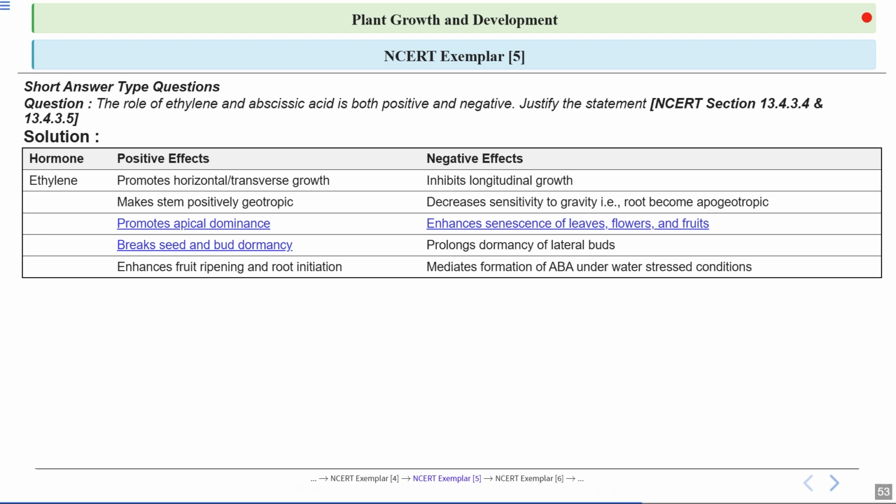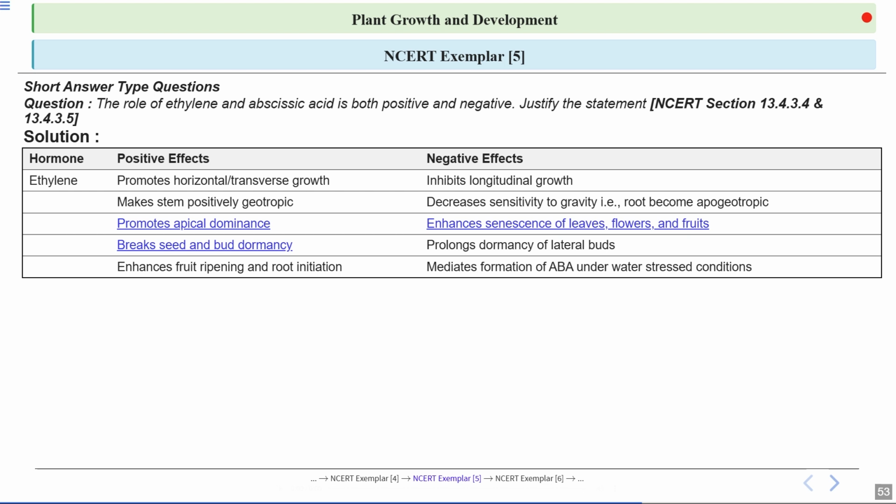Abscisic acid keeps the seed and bud in a dormant condition, but ethylene overcomes this particular phenomenon. Enhances fruit ripening and root initiation. In some of the plants, it promotes root initiation, means formation of the roots, and also fruit ripening. Okay. Now, these are the positive effects.